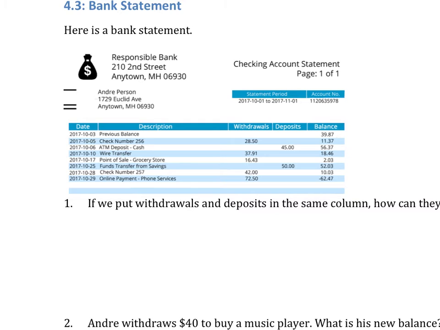Some things that you may notice is that it gives you the date here. It tells you what it was spent on. Sometimes it's not very specific. It just gives you maybe where you spent it or if you deposited a check, things like that. Here you have the withdrawals column. So remember, this is taking money out.